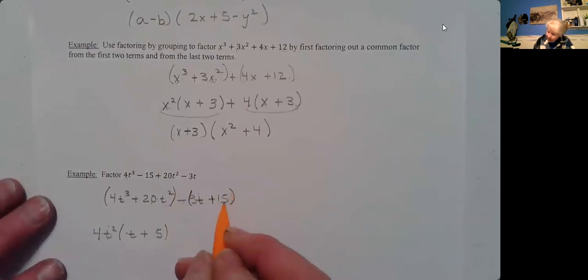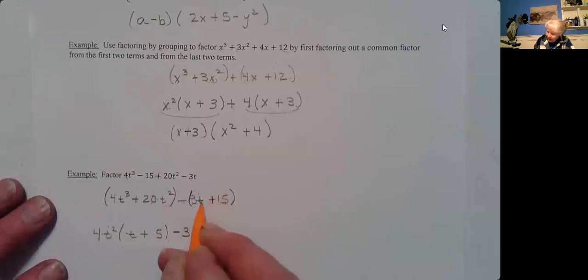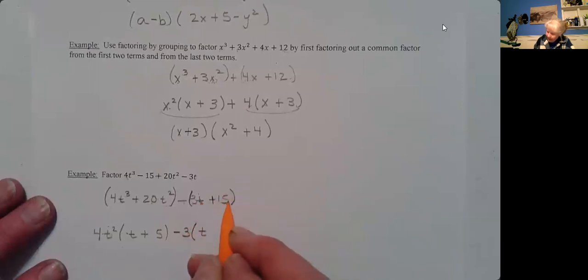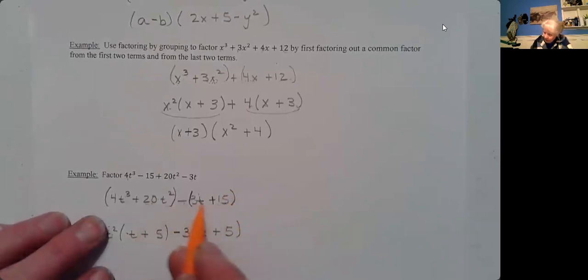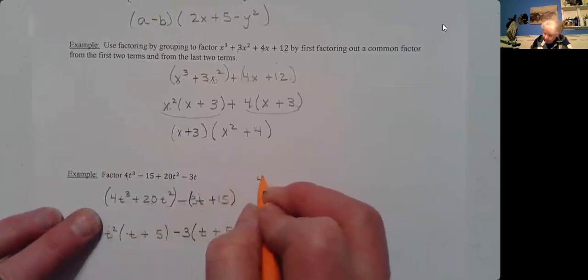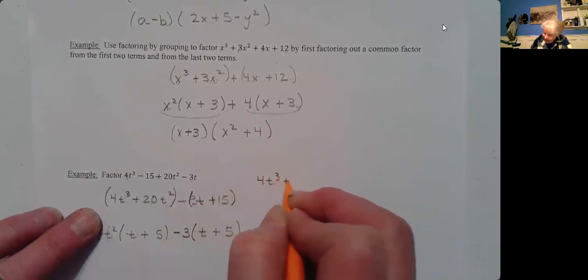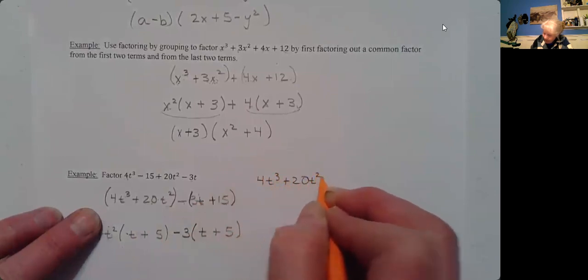So now what I'm going to do here is I'm going to pull out a 3. And this divided by 3 is t. 15 divided by 3 is a +5. All right. So I have to write the original. I kind of messed up with the original up here. So we can check that last part with our signs and make sure everything's going to work out.